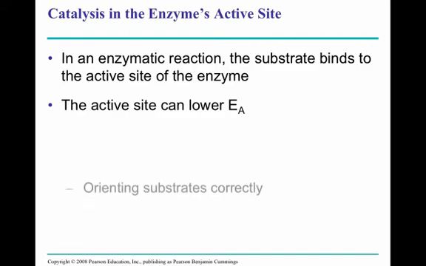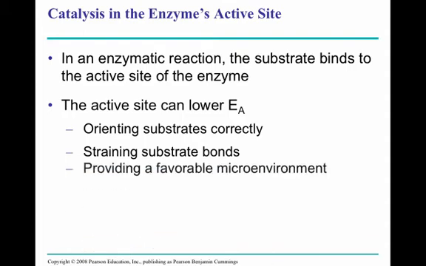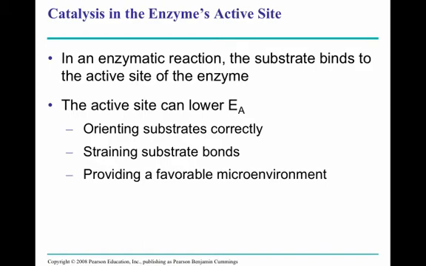It will lower the activation energy, and it does so by doing the following things. So how does that active site lower the activation energy? Well, it will orient substrates correctly, meaning it will get them in the right position. It will put stress on the bonds of a substrate, because we know unstable bonds react faster. It will provide the right microenvironment.